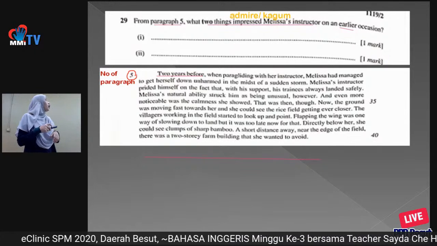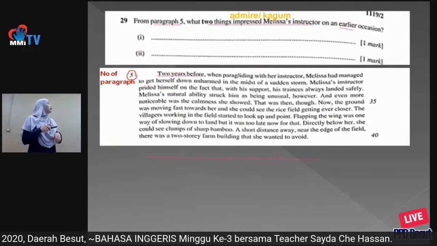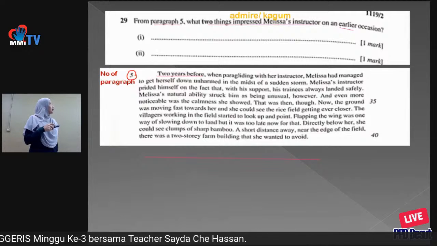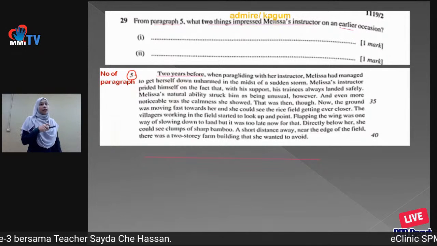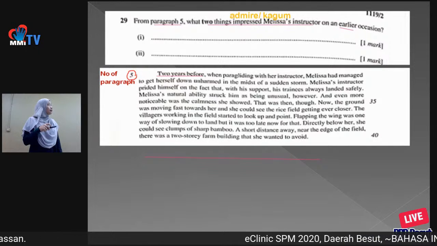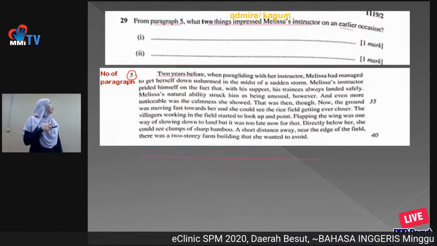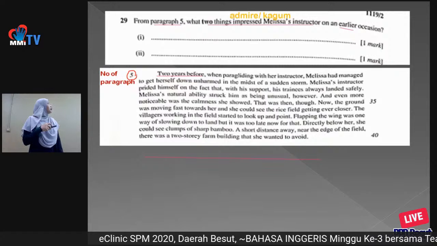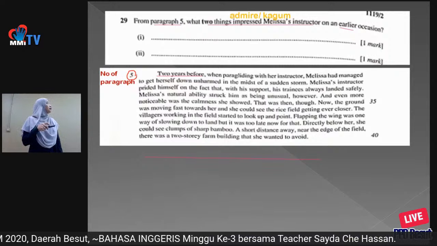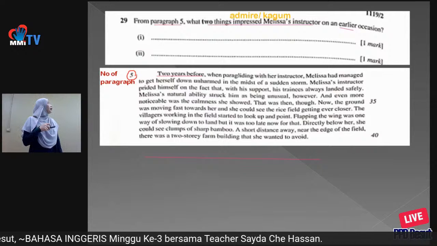Okay, 2 years before, when paragliding with the instructor, Melissa had managed to get herself down unharmed in the midst of a sudden storm. Okay, dia pernah dah. Okay, nak mendarat masa tu ada storm. Okay, ada ribut. Tapi safely. Okay, unharmed. Okay, memang dia berjaya mendarat. So, Melissa's instructor prided himself.